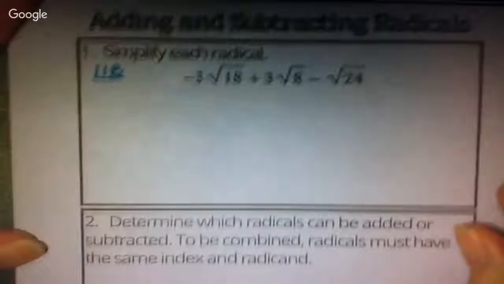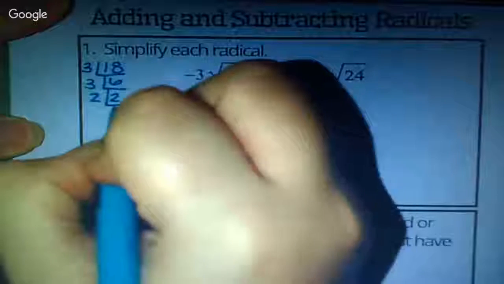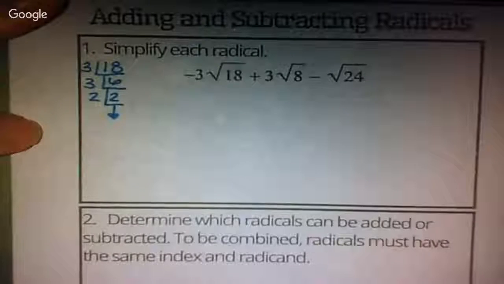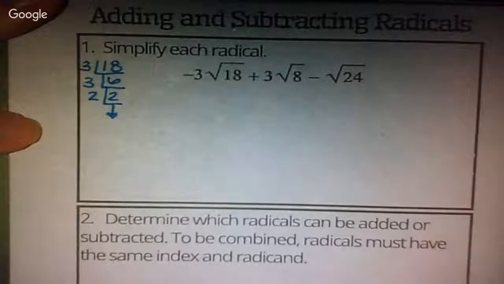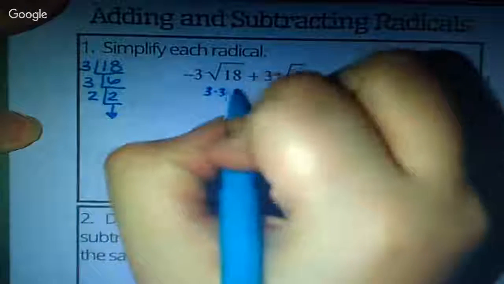What is a prime number that divides into 18? 3. We can do 3. You can do 2. Let's do 3. That leaves me with 6. 3 and 2, 2 and 1. Okay, so 18 is actually 3 times 3 times 2.